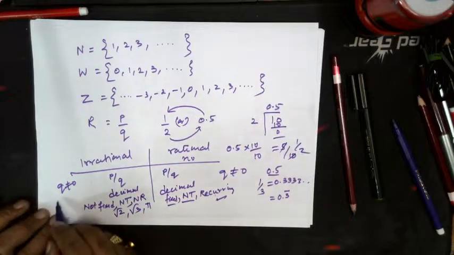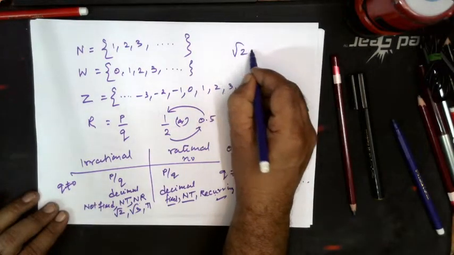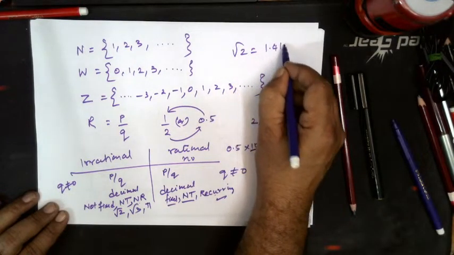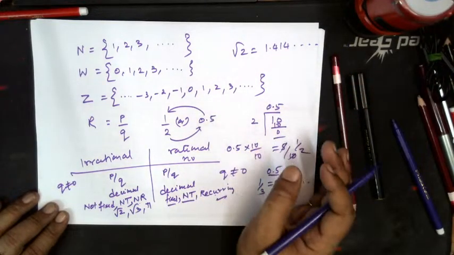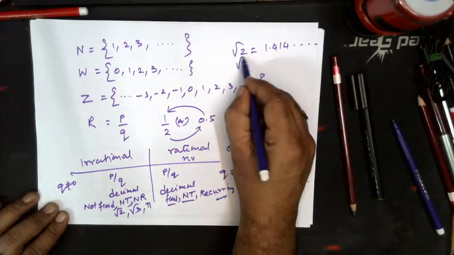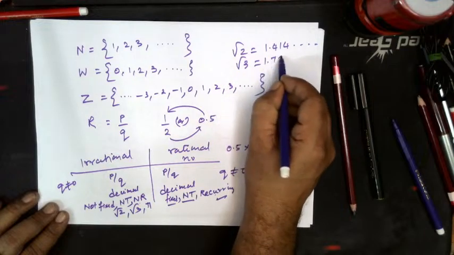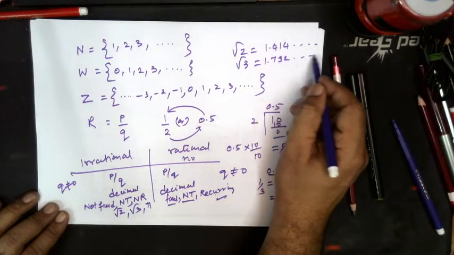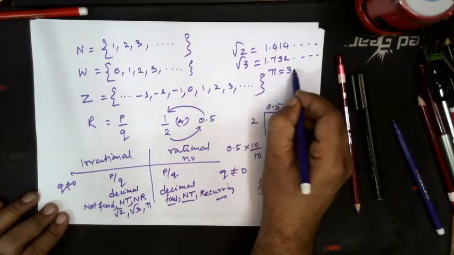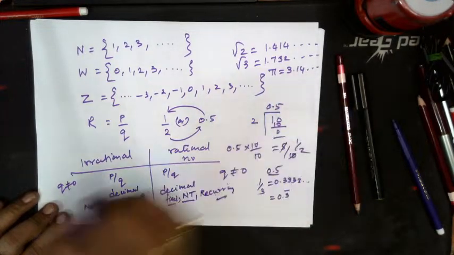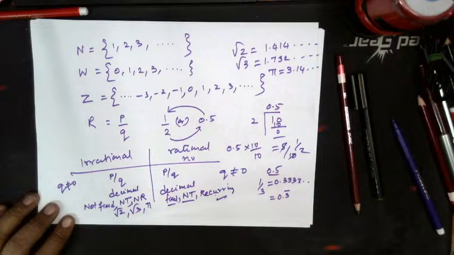In the case of square root 2, that is 1.414, and it will not be repeated. Similarly, root 3, 1.732, it goes on but with different patterns. And the pi value will be 3.14 with different patterns. Are you able to understand? Okay? Please note down.